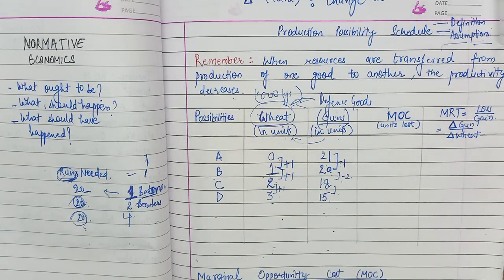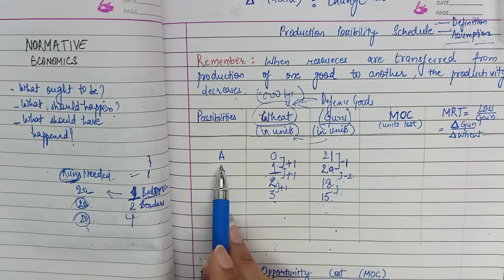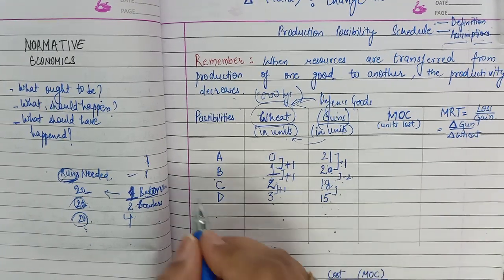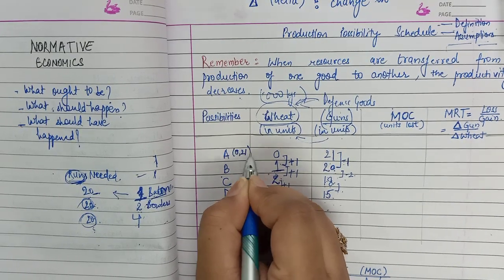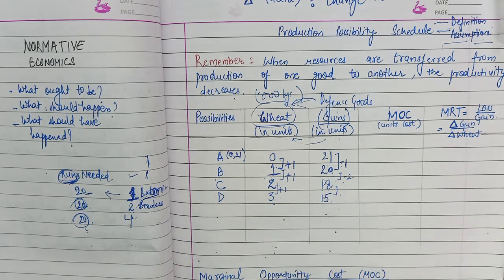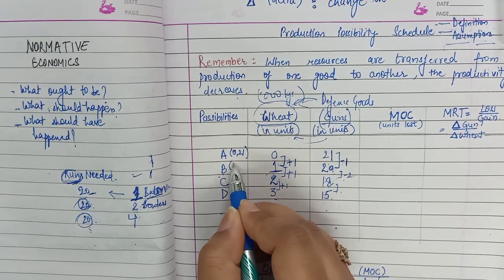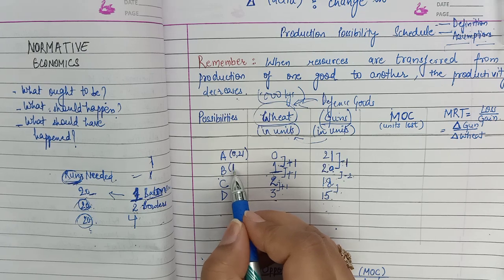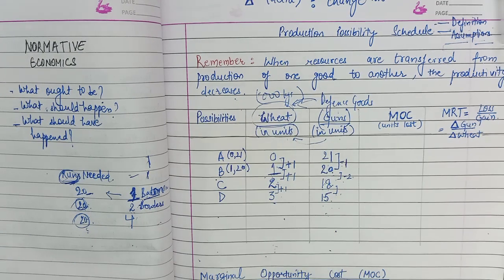So see, up until now these are the country's production possibilities. This is the first combination A, 0, 21. We can produce 0 units of wheat and 21 units of guns. This is one of the possibilities if all our resources are utilized in the maximum manner possible. The second possibility for our country is 1 unit of wheat and 20 units of guns.